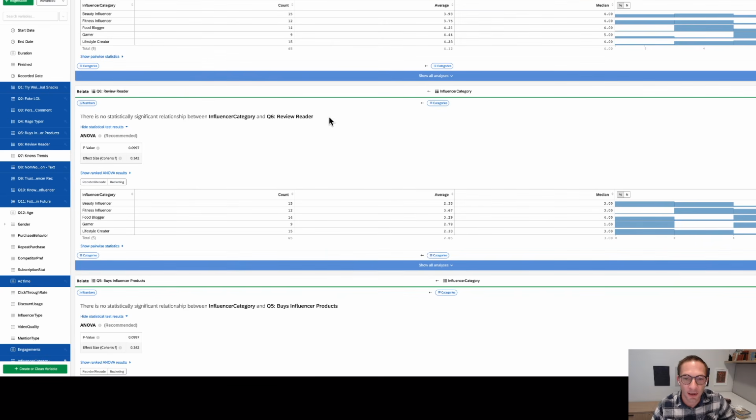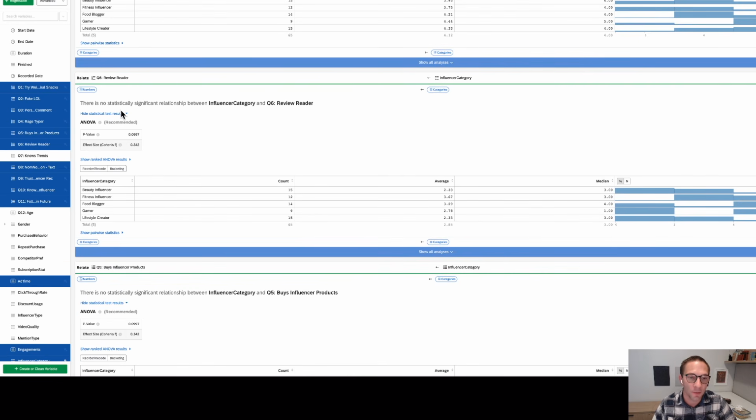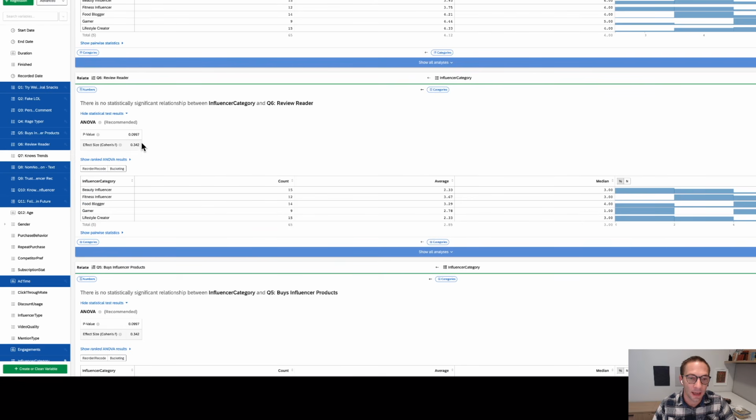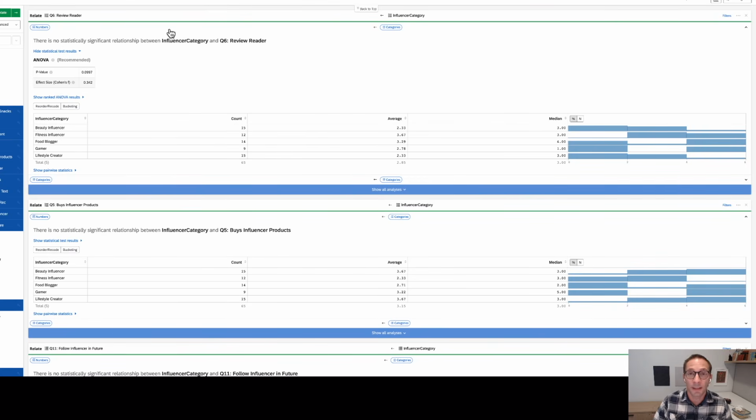So let's look here at Q6, review reader. Although it says it's not significant, we can look at this and it's marginally significant. So we've got to watch that. Just because it says it's not significant in the sentence, we need to look a little bit closer. The p-value could be 0.057 or something like that, and it would say it's not significant.